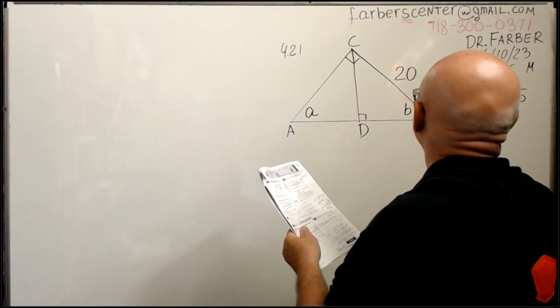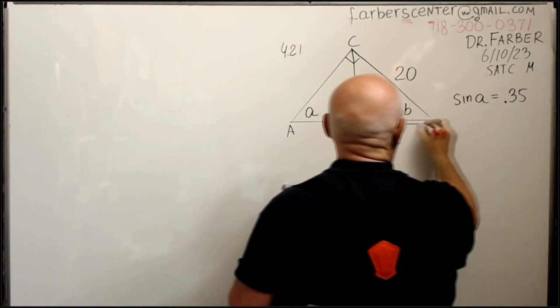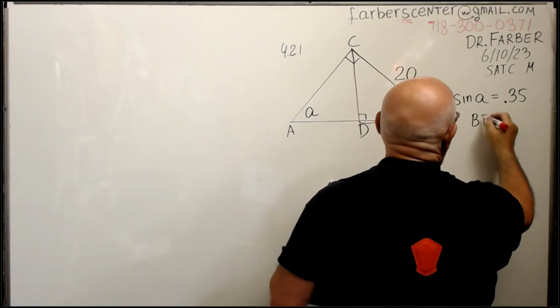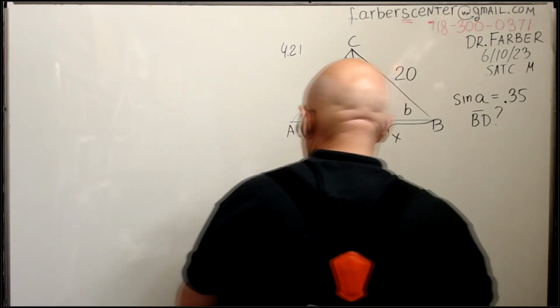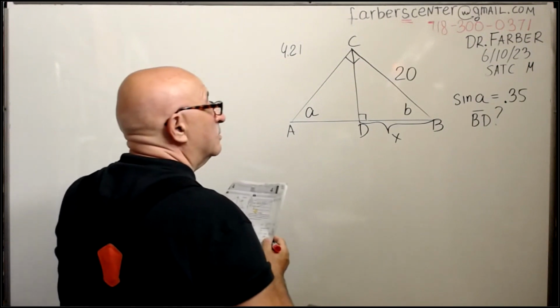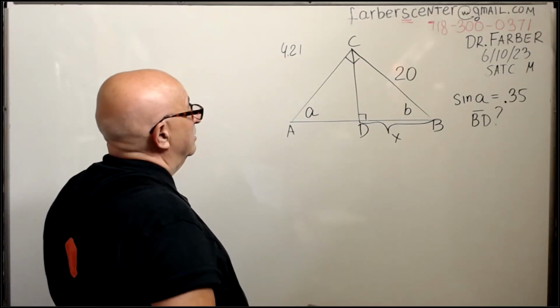Where is BD? Here it is. BD is X. Look at this, what is supposed to know. How to find X?